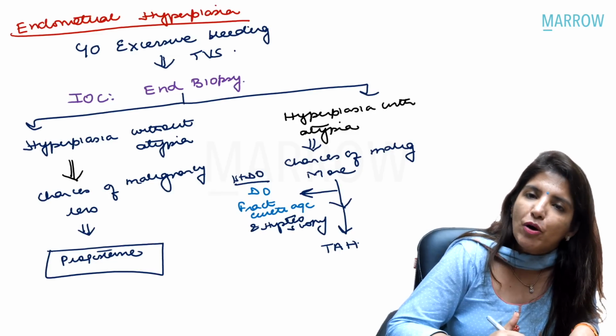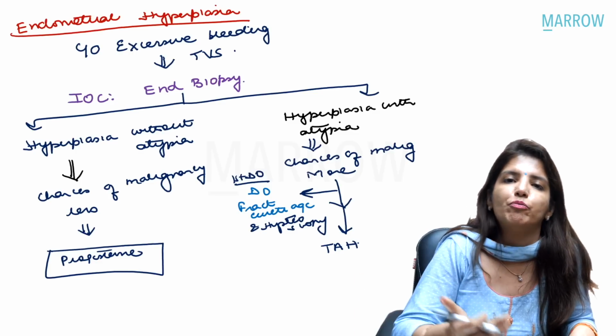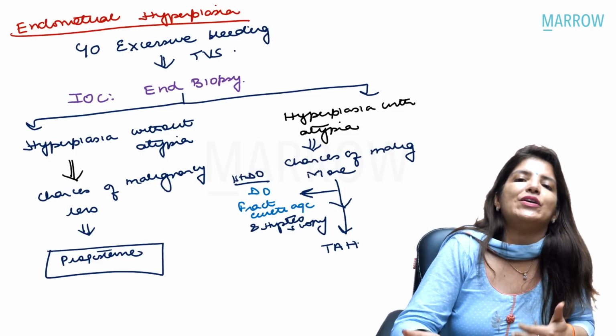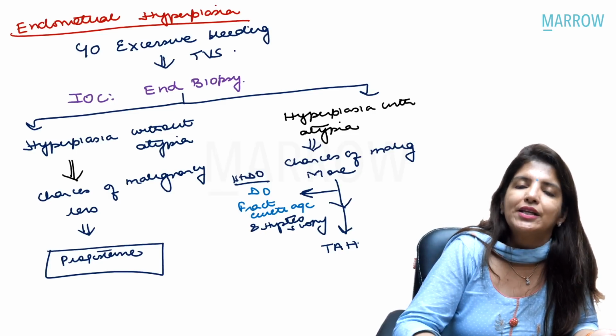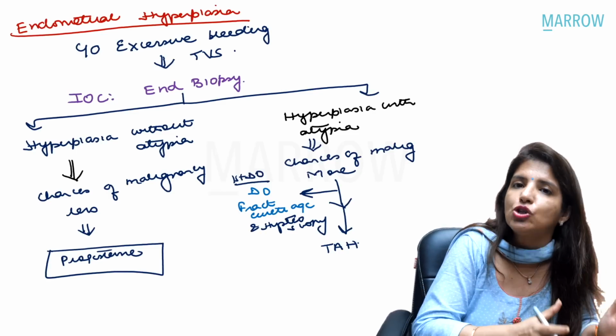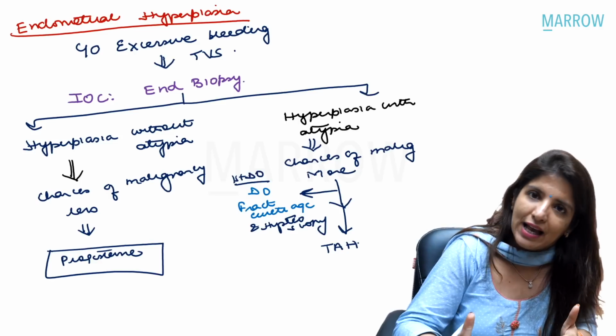Right? So in perimenopausal age group also the investigation of choice is endometrial biopsy. In postmenopausal bleeding also the investigation of choice is endometrial biopsy, because we are suspecting that this excessive bleeding is either due to endometrial hyperplasia or we are suspecting it is due to endometrial cancer.